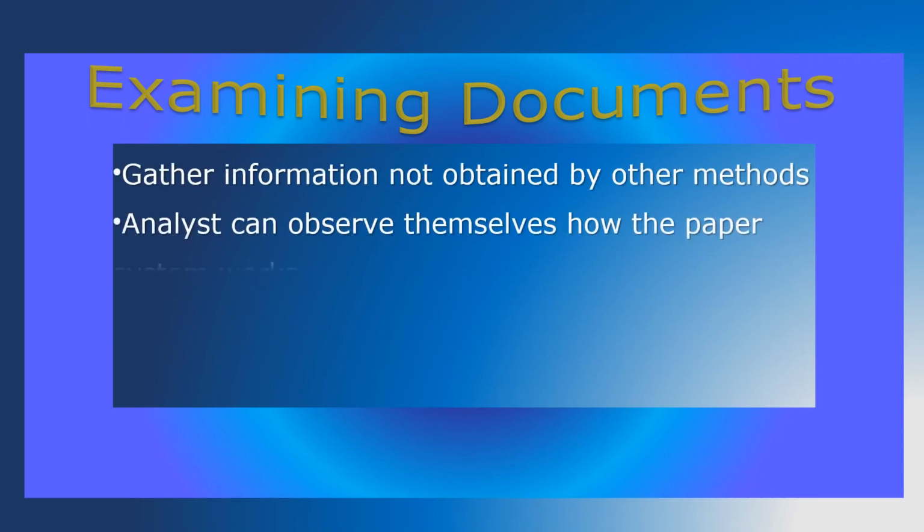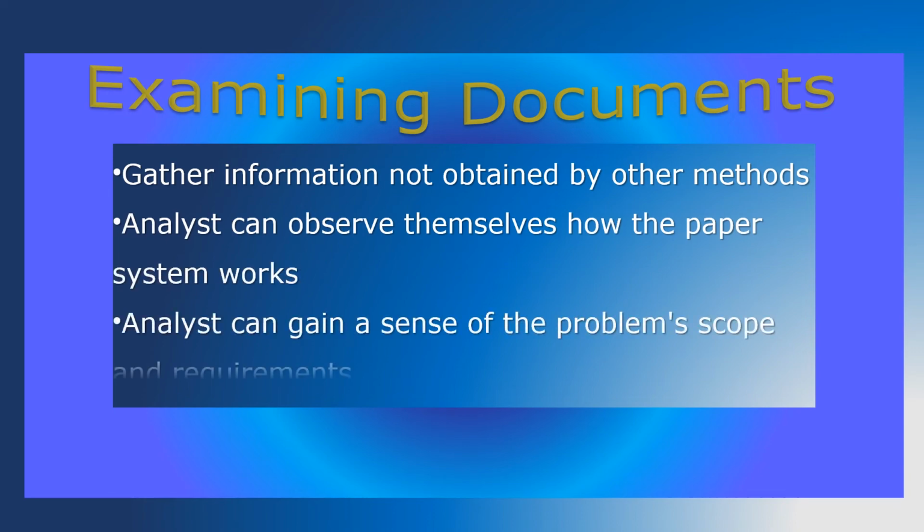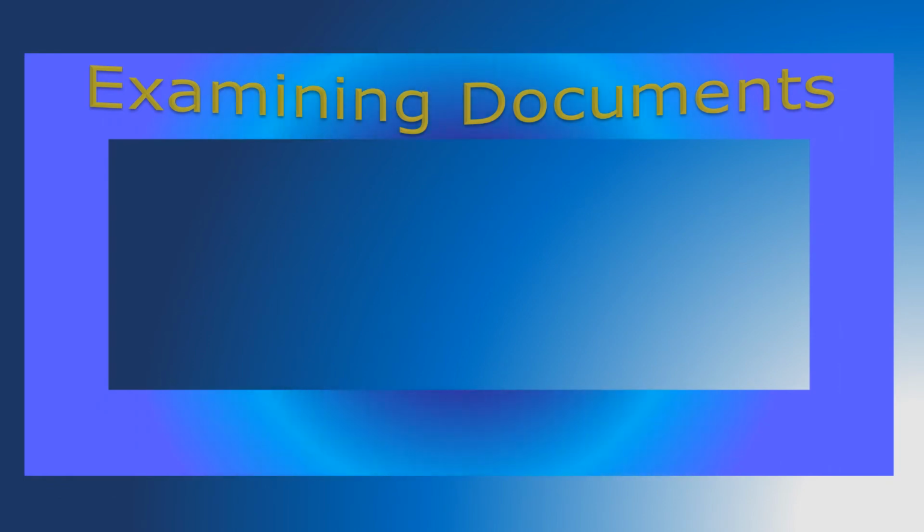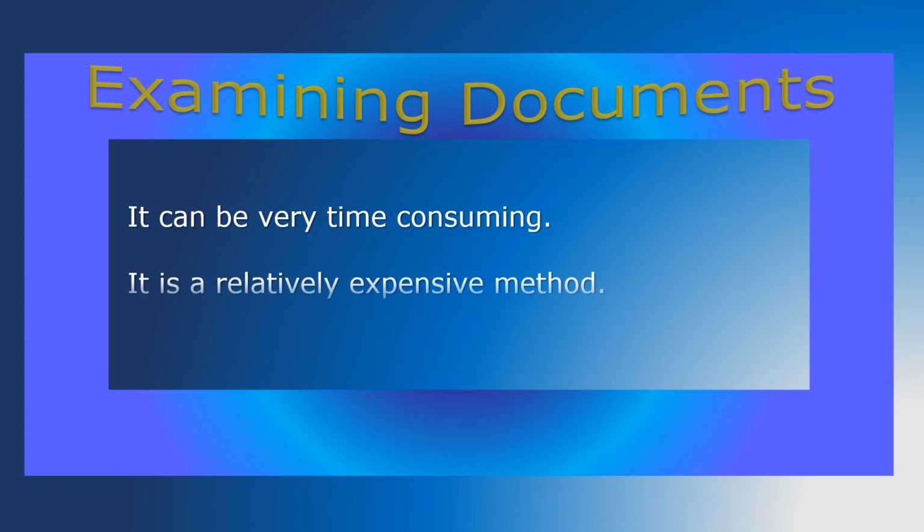Analysts can observe by themselves how the paper system works. Next, an analyst can gain a sense of the problem scope and requirements. On the other hand, it can be very time-consuming, and it is a relatively expensive method.